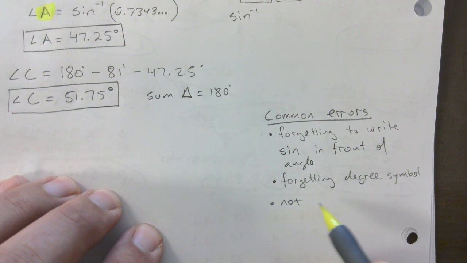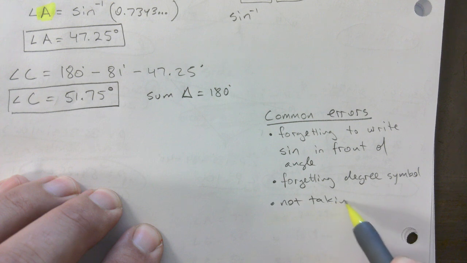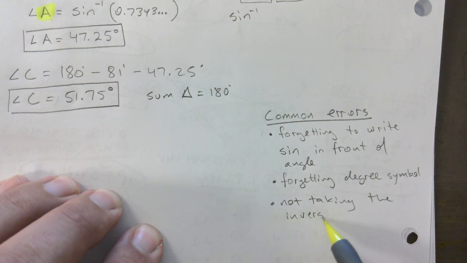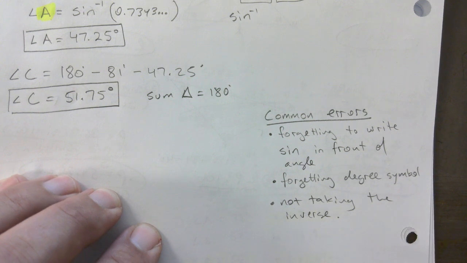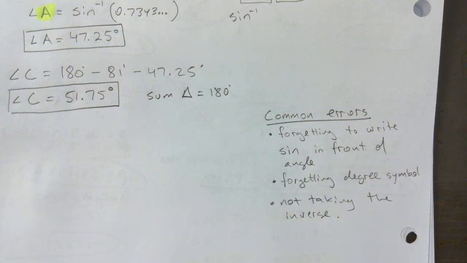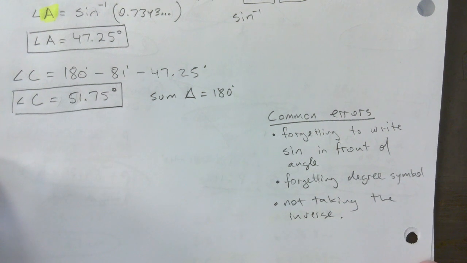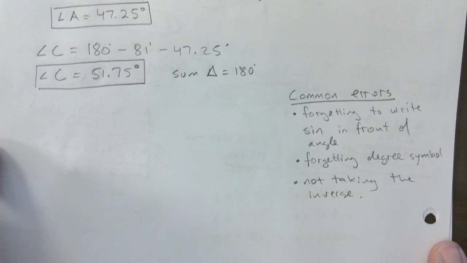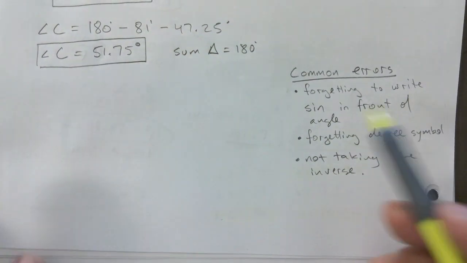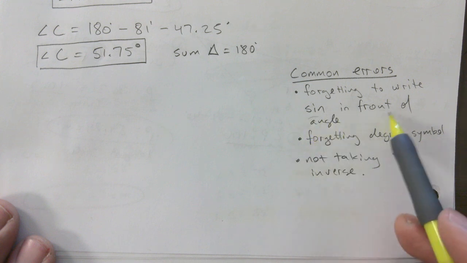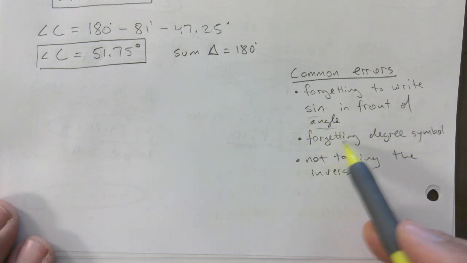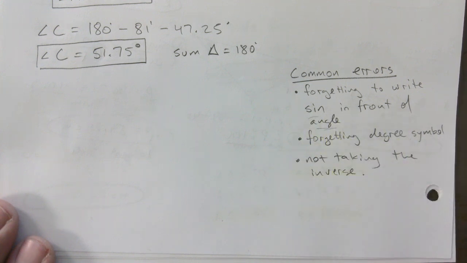Not taking the inverse. Not taking the inverse is very common. Students say, yeah, A is just 0.715. It's like, that's pretty small for an angle, right? So forgetting to write sine in front of the angle, no degree symbol, and forgetting to take the inverse.